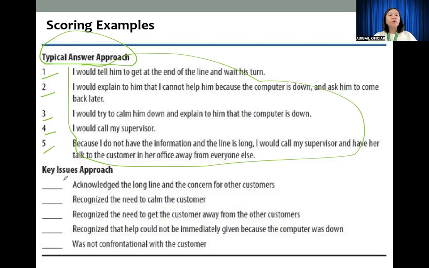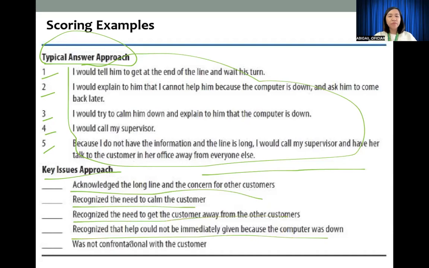So, for the key issues approach naman, there is an issue question, like, what should you do when you have this kind of customer. So, andito yung mga sagot ng respondents.